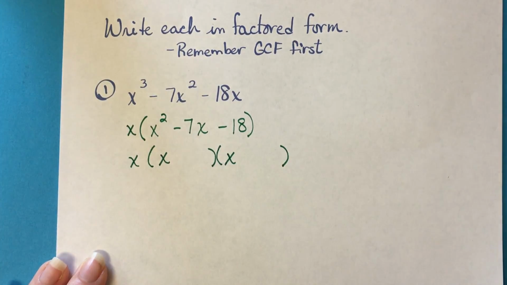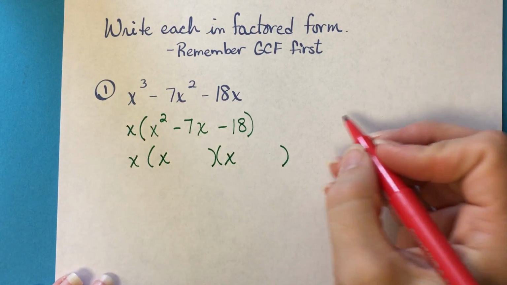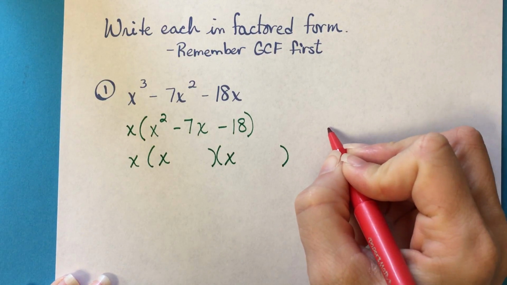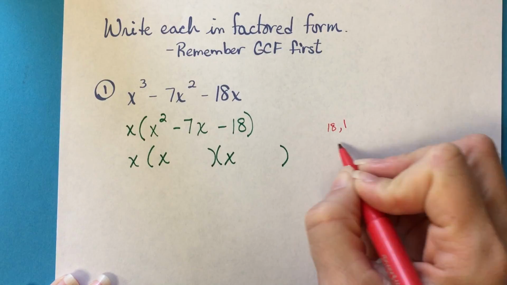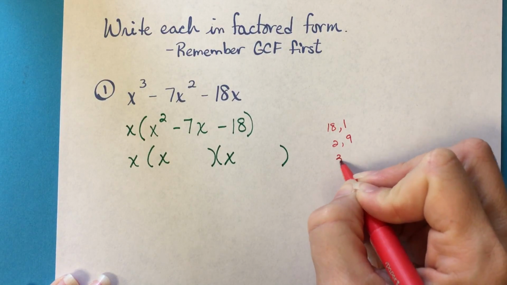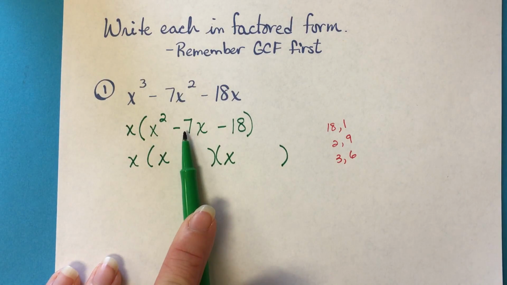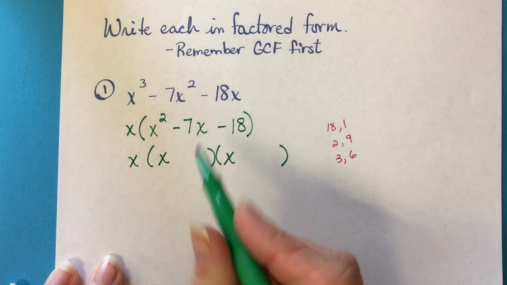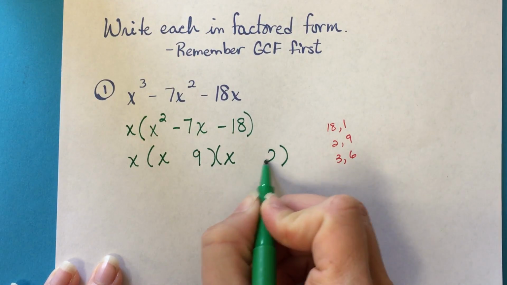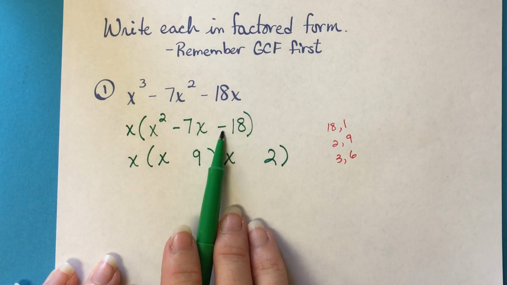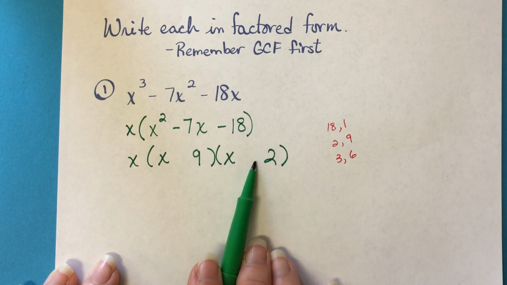Now with 18, of course, you've got some choices here. You could go with 18 times 1, 2 times 9, 3 times 6. But remember, you're trying to find the combination that'll give you the -7. So that's going to be the 9 and the 2 that you need to go with. And if you recall, this last number being negative means that I've got to use different signs.